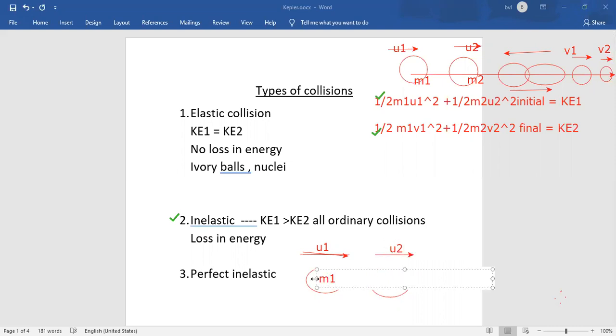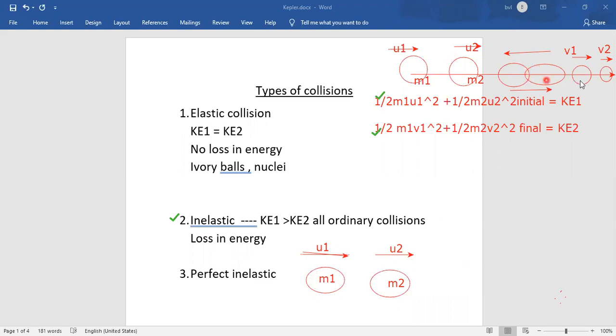So this is a special case of the collision. Observe the first two types, elastic and inelastic.